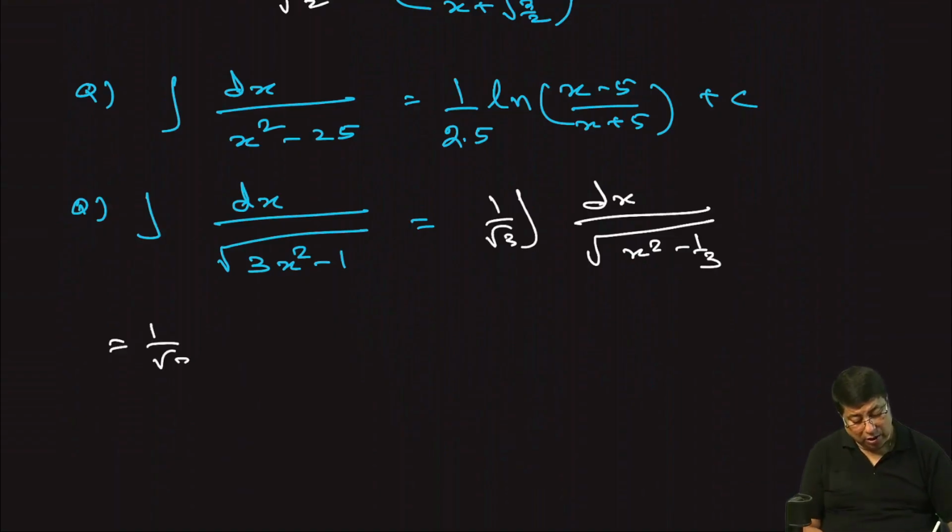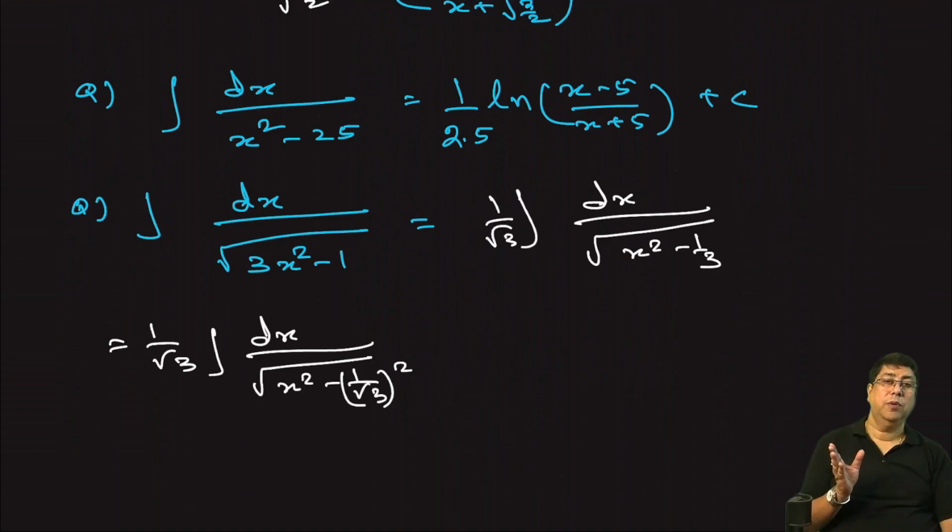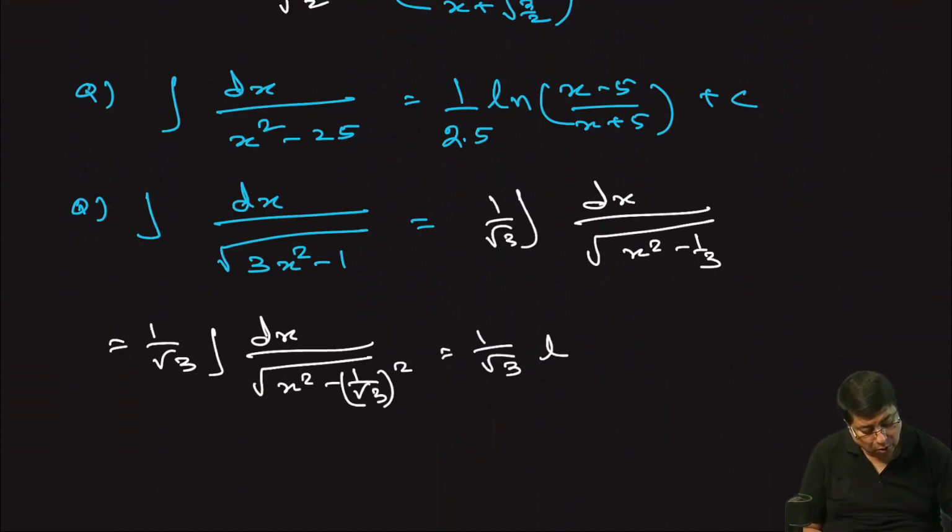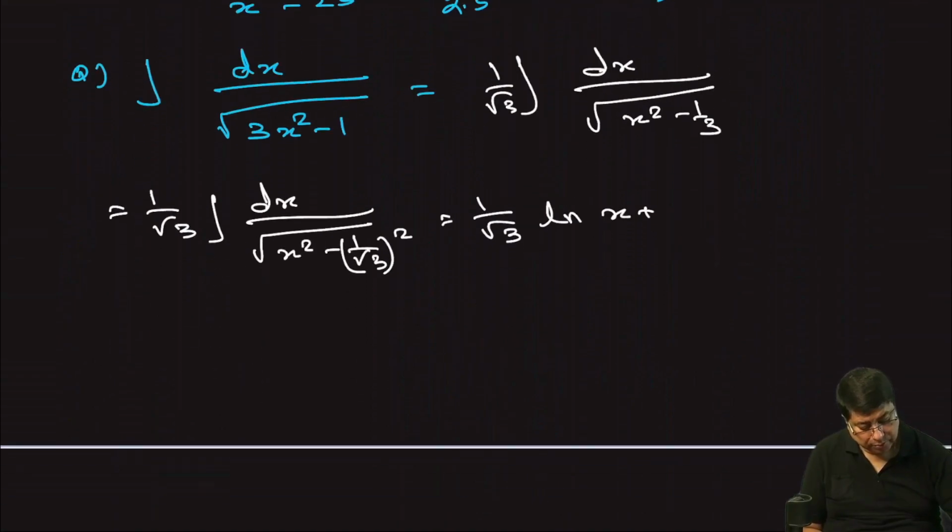I can write here root 3 dx by root over x square minus 1 by root 3 whole square. So for root over x square minus a square, the formula is log of x plus root over x square minus a square plus c.